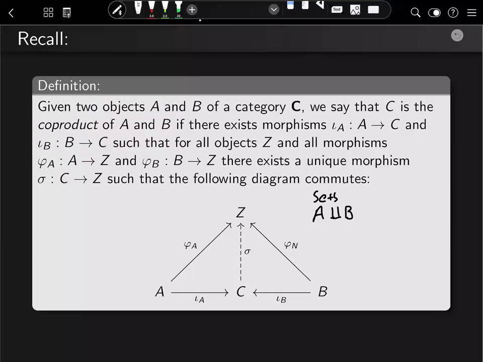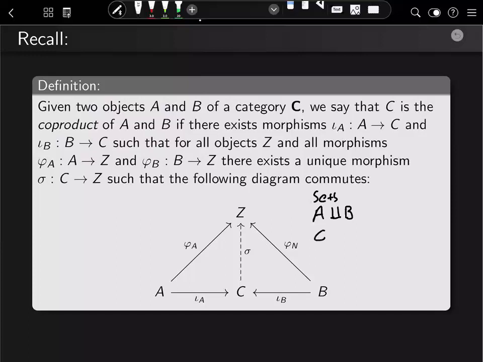And again, this definition doesn't just tell you the element-wise construction. It carries the data of how this coproduct sits within its ambient category and the way that it interacts with other morphisms and other objects of the category. So it's a very powerful definition, and it generalizes a lot of things.